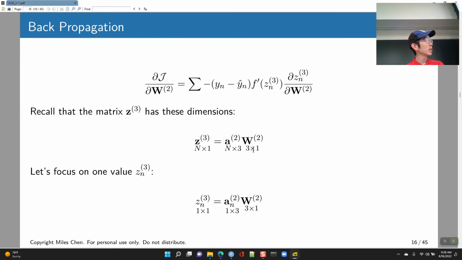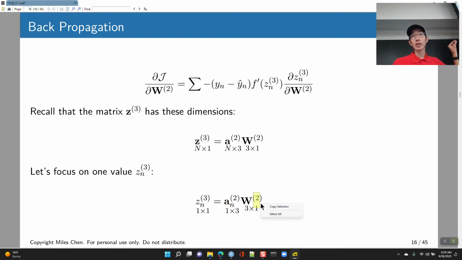If we take a look at just one of the values within this matrix Z3, we can do Z3 sub n. This is just a one by one scalar value, right? Because there's n of these observations, and we're just saying, let's look at the very first observation. The very first observation is the result of looking at the first row in our A matrix, which has 3 values there, and we're multiplying it by our 3 by 1 weight matrix.